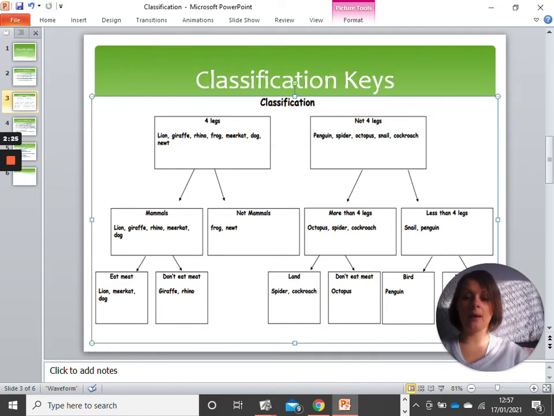Again, we can now simplify or sort this group even further on characteristics that are similar. So I'm going to sort them again into carnivores and not carnivores. So in my carnivores I can put lion, meerkat and dog. Not carnivores are giraffes and rhinos, and this is the process scientists will use. They will continue to do this until there is just one animal left in each box.